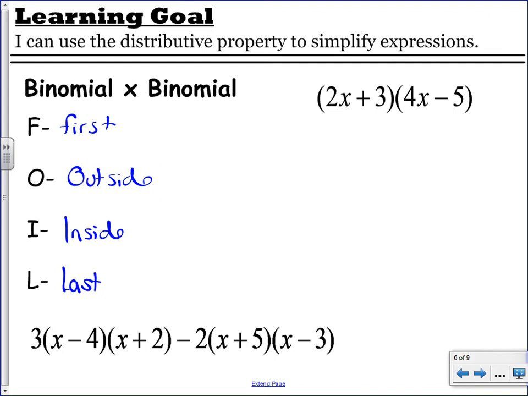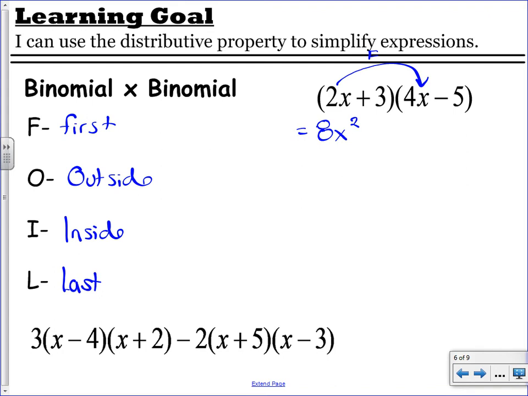Okay, so when I'm multiplying my first terms together, Danielle, what will I do? Good, that's my F. My first terms are my first terms in each binomial. So what will I get, Danielle? 8x. Good.